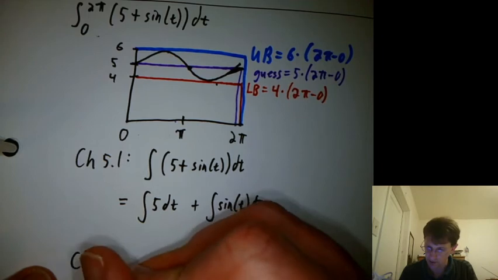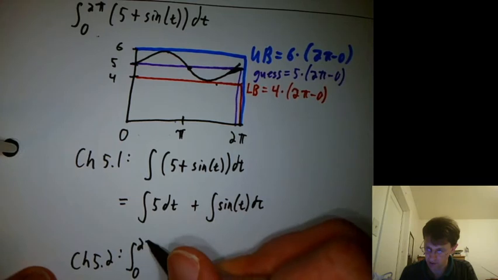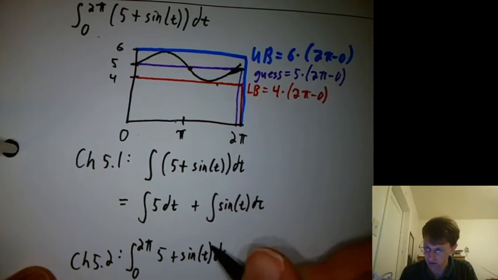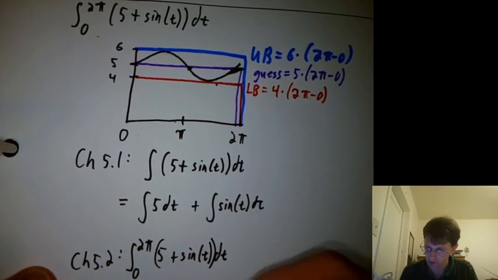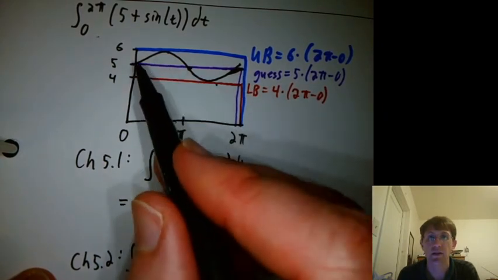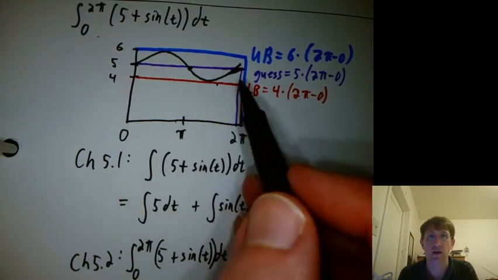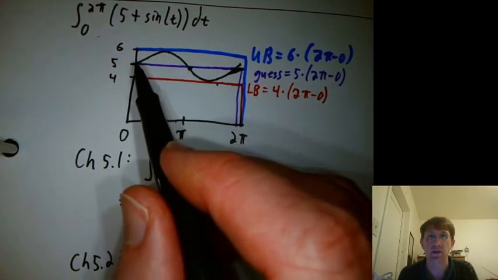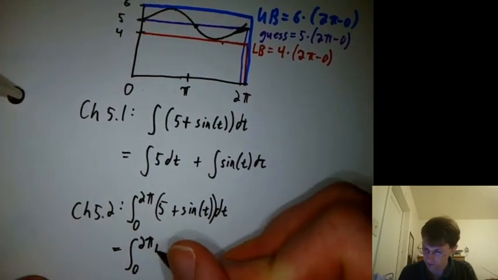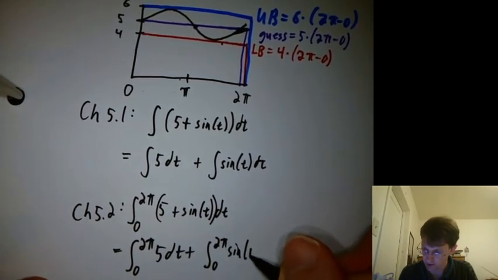Here in chapter 5.2, we're saying the integral from 0 to 2 pi of 5 plus sine of t dt is equal to the integral from 0 to 2 pi. Well, can we say that this area is the area of a box of height 5 plus the area under the curve of a plain old sine wave? That's what we're guessing, right? So 5 dt plus the integral from 0 to 2 pi of sine of t dt.